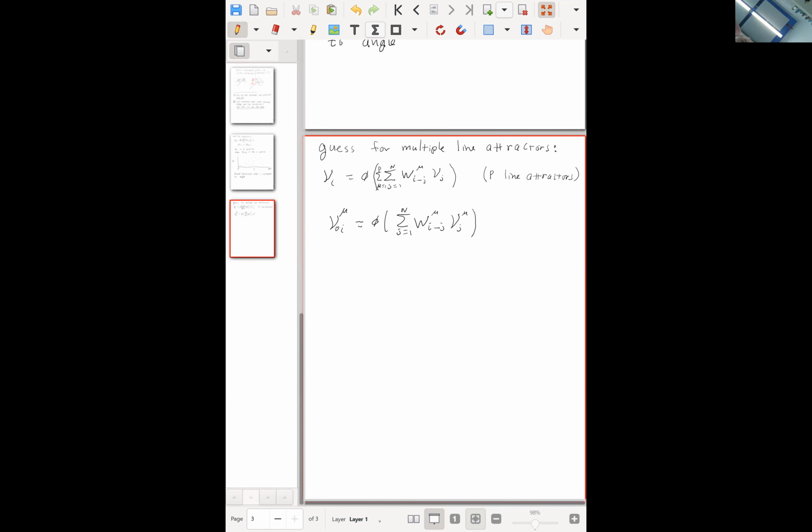Okay, so basically different mu's we can think of as different permutations. So one way to do this, different mu are different permutations of the indices. There are lots of ways to do this.